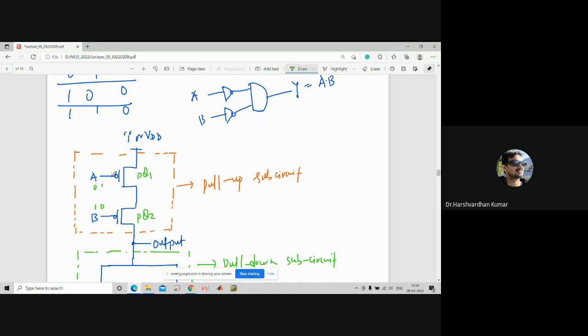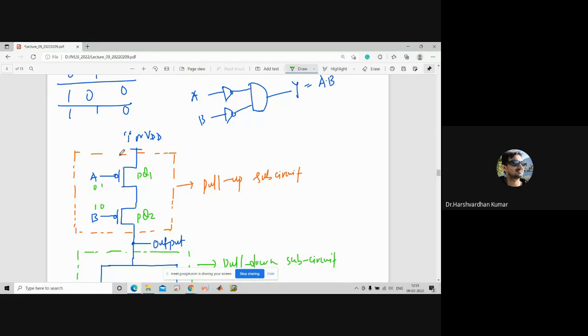So these are the operations. The pull-up subcircuit is made up of a series combination of two PMOS transistors. These are responsible for conducting logic 1 to the output node when both of the gates are at logic 0. The pull-down path, on the other hand, consists of a parallel combination of two NMOS transistors.